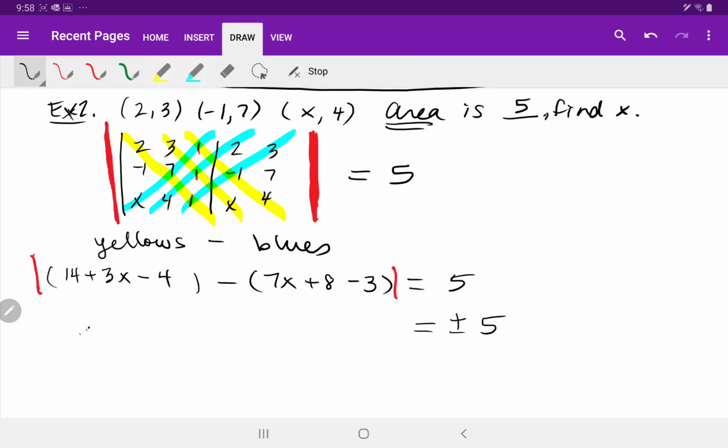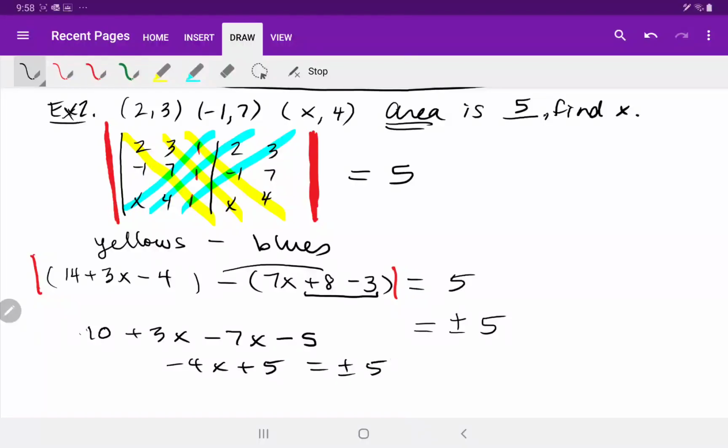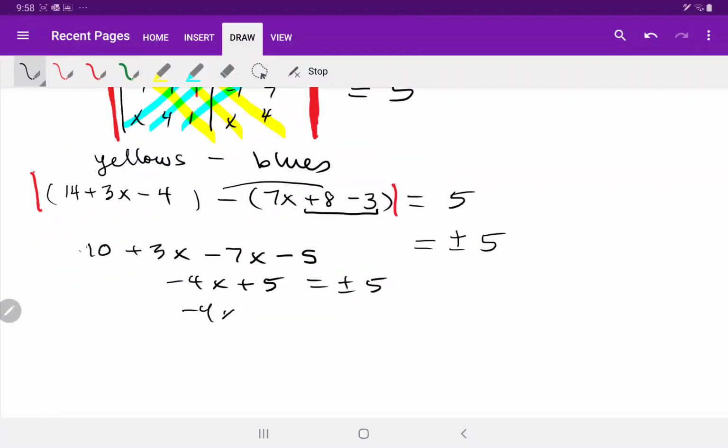So this is 10 plus 3x minus 7x minus 5, right? That's positive 5, and then I distributed the negative. So that would be -4x plus 5 equals plus or minus 5. So -4x, minus the 5 on both sides.